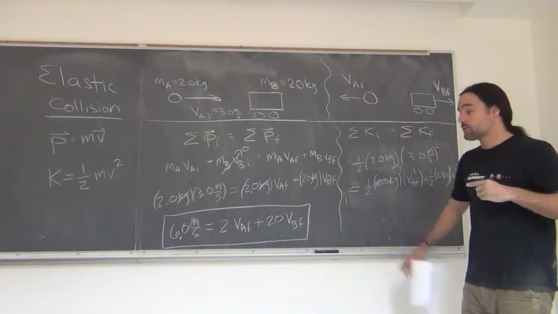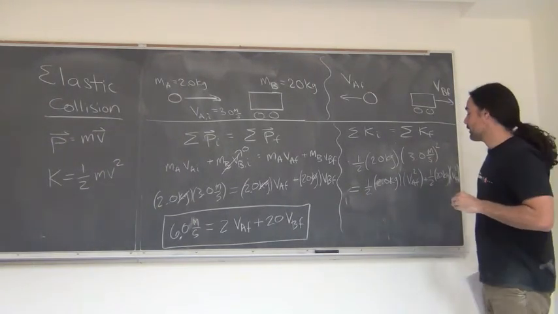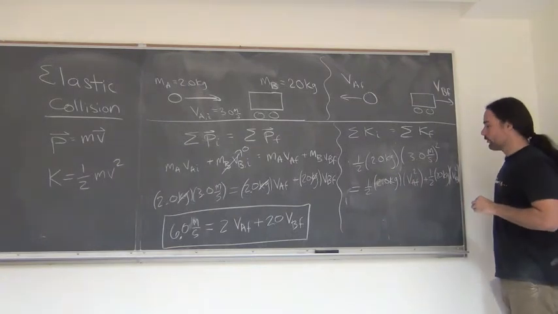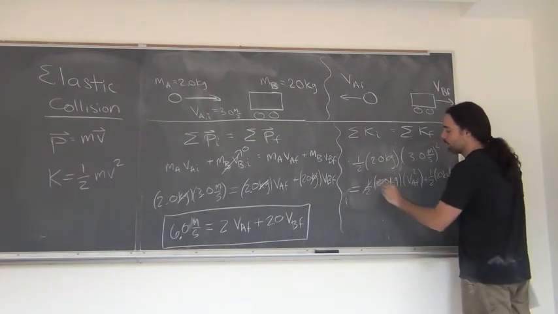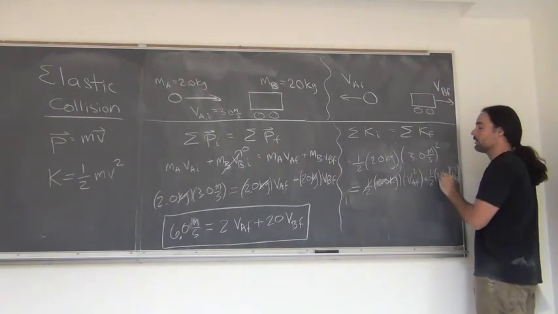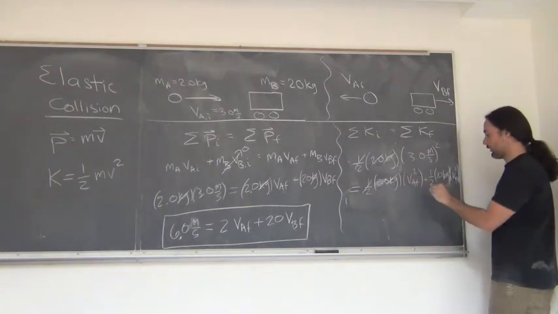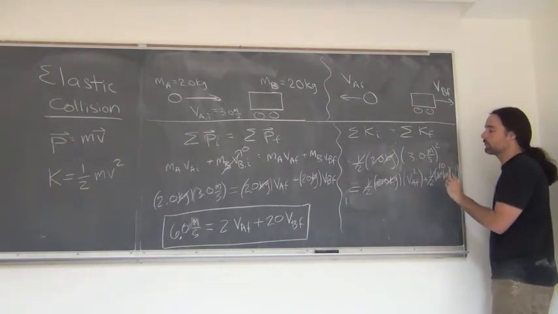But I need 2 equations to solve for this since I have 2 variables. So that's where the kinetic energy equation comes in. 1/2 of 2 gives me 1 kilogram. Again, I'm going to cancel my kilograms. 1/2 of 20 gives me 10 kilograms.